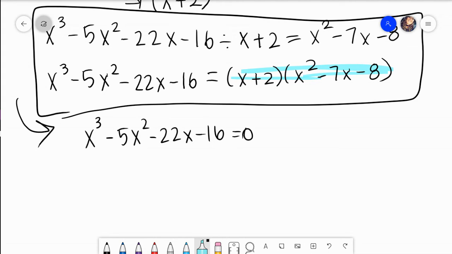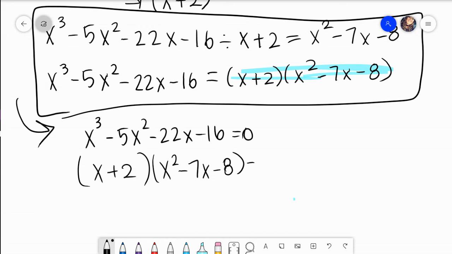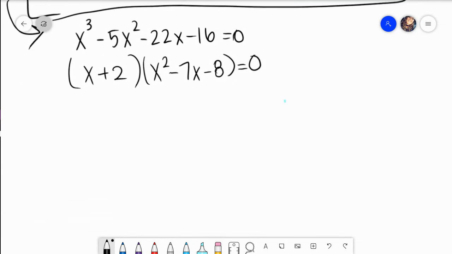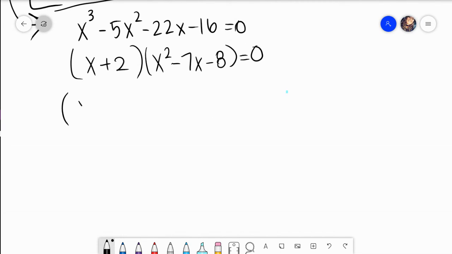I would rewrite it, and then I would have those two factors set equal to 0. Yep, there we go. I would have these two factors set equal to 0. And then I would notice that I have a trinomial, so that also needs to be factored.